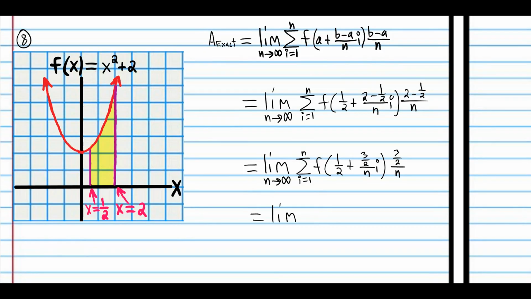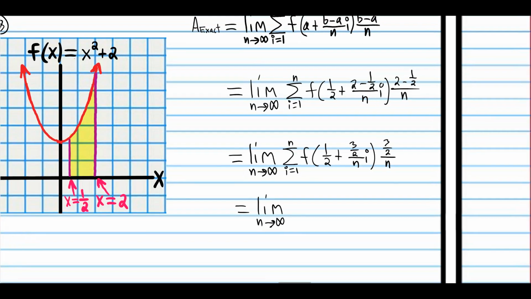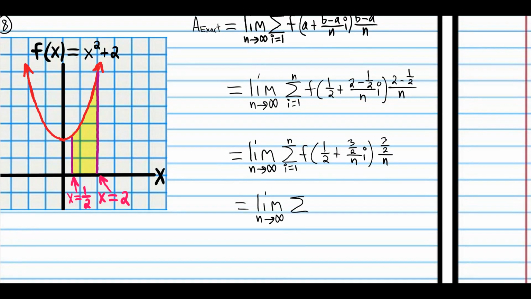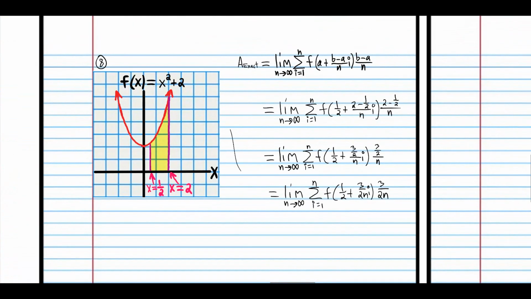And again, we're just writing the limit in front there, but we're not really doing anything with that. We're not considering the limit notation right now. And so simplifying that complex fraction, we have 3 over 2n. Okay. So now we're ready to go up to our function here.